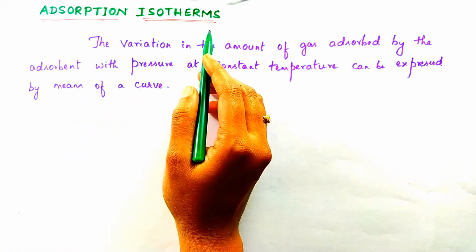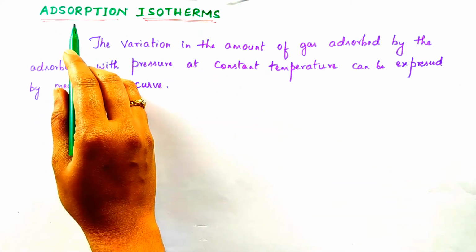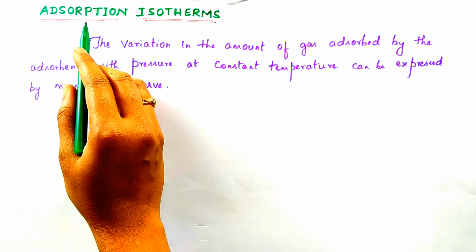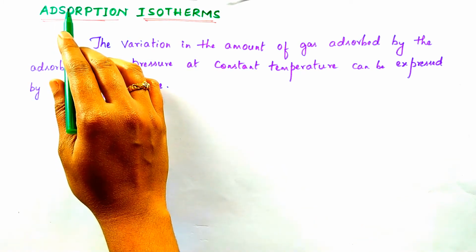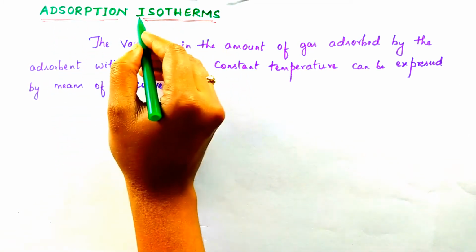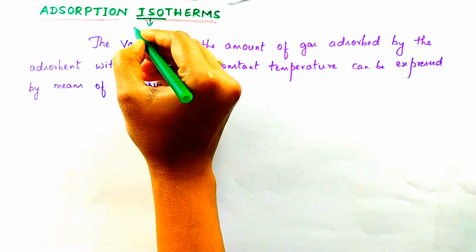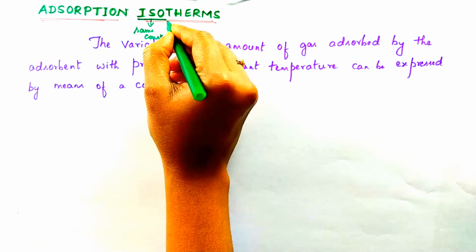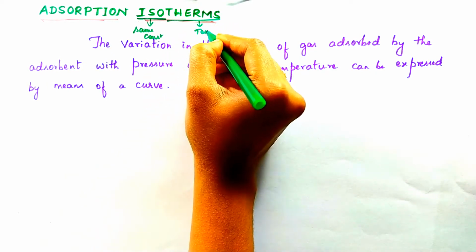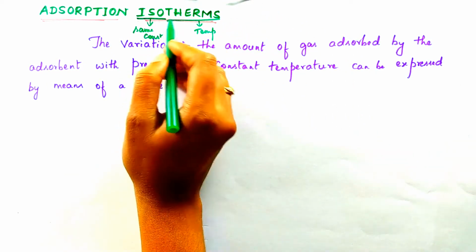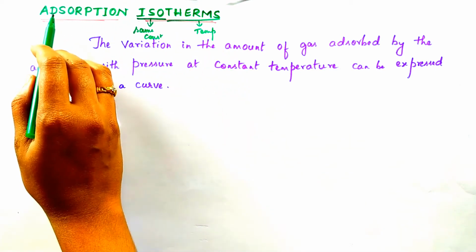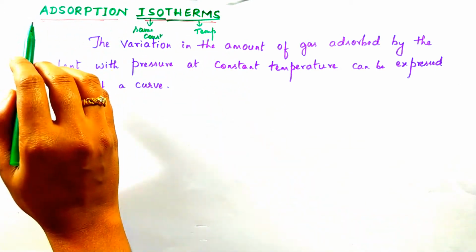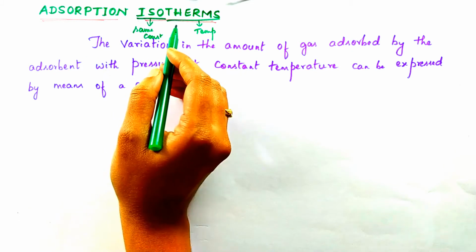Adsorption isotherm. Adsorption means accumulation of gas molecules on the surface of a material. Isotherm: iso means same or constant, therm means temperature. At constant temperature, how adsorption takes place is discussed in the adsorption isotherm.